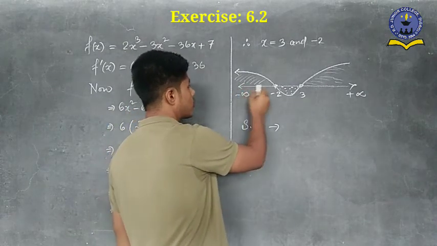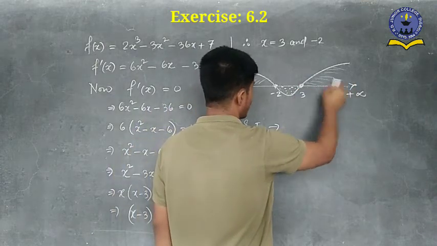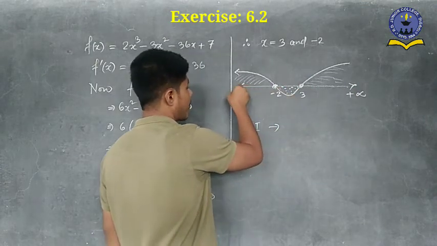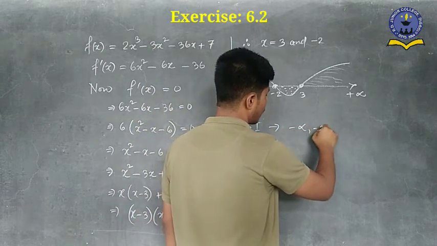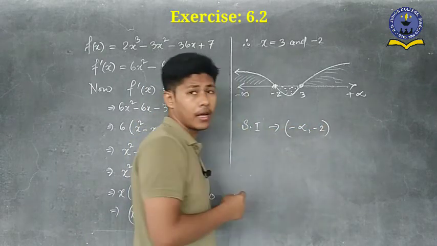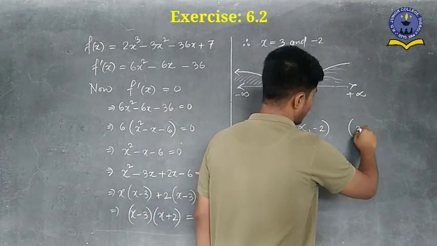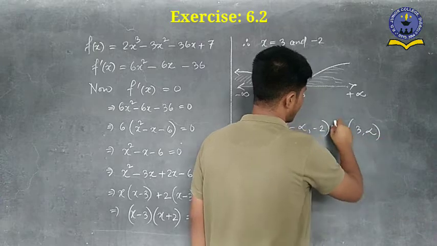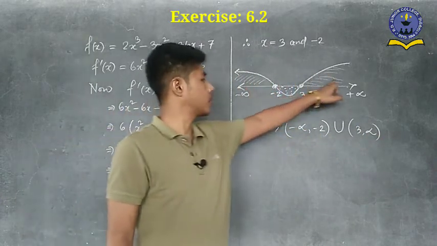One part is from minus infinity to minus 2, and the other part is from 3 to infinity. So first we write minus infinity to minus 2 open interval, and the other one is 3 to infinity, and this is the union. Is it clear? The union of these two.